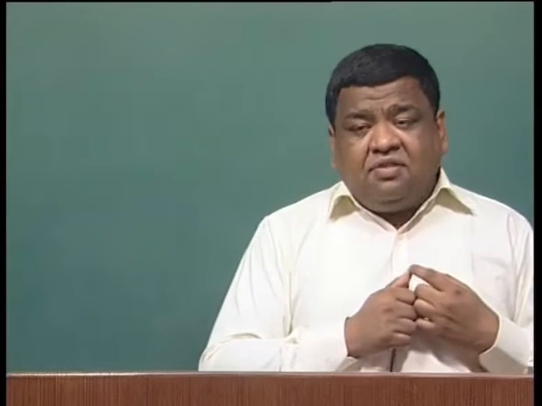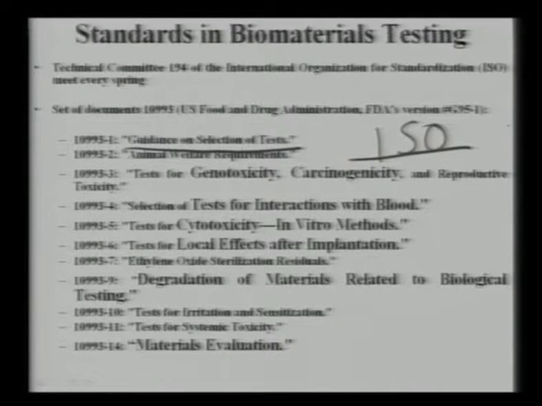ISO 10993-1 will tell you that you have to do tests from A to D, or for example A to G. Then the second one is the animal welfare requirements. Suppose you put this material inside a particular animal or human being, what are the animal welfare requirements that you must know? Those things will be mentioned in the 10993-2.